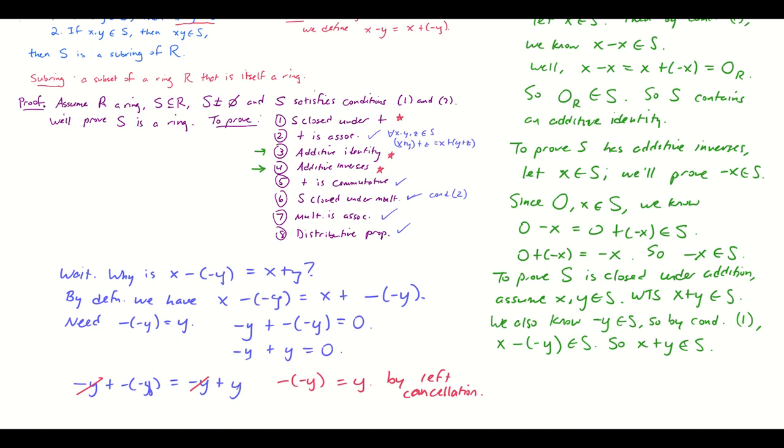Okay, so anyway, that proves that the opposite of the opposite of Y is Y. That completes this proof here. That shows that X plus Y is an element of S, and therefore I think S now qualifies. It satisfies all 8 properties of a ring. So I can say S is a subring of R. Huzzah!